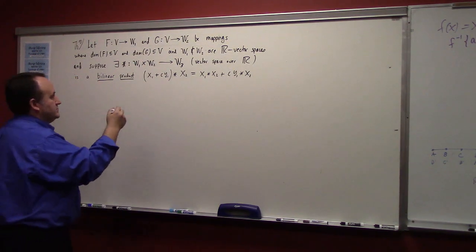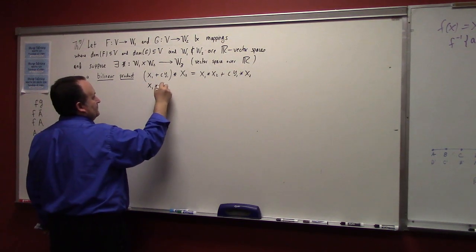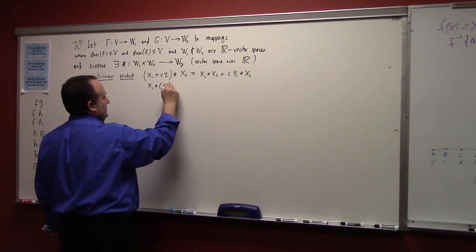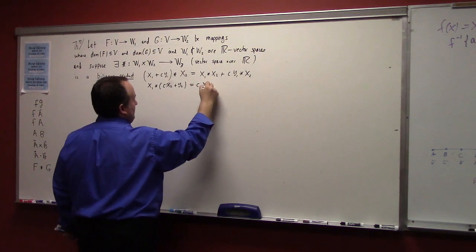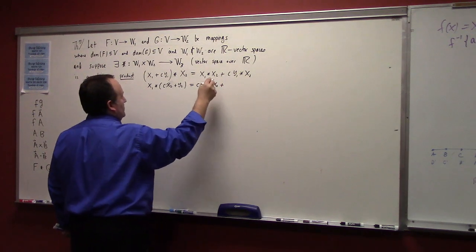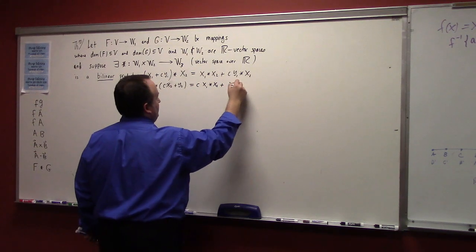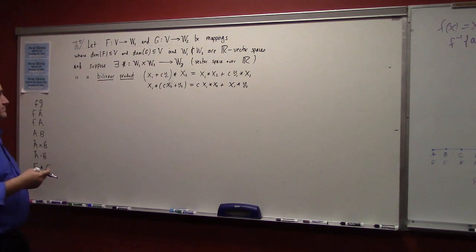And similarly, if we have x1 star, c x2 plus y2, well, we get c times x1 star x2 plus x1 star y2. Okay, so this would be a bilinear product.